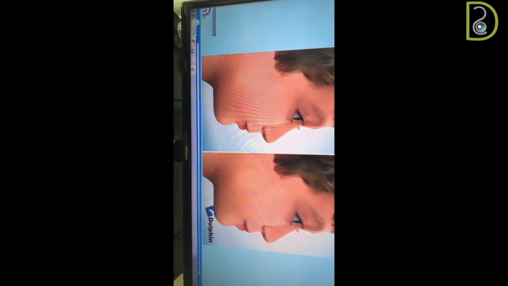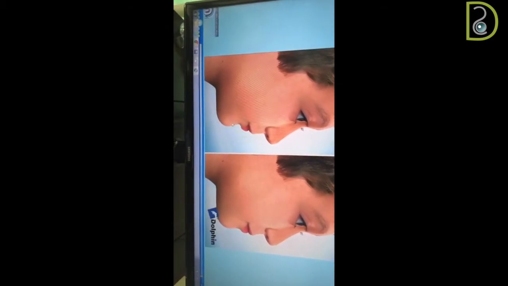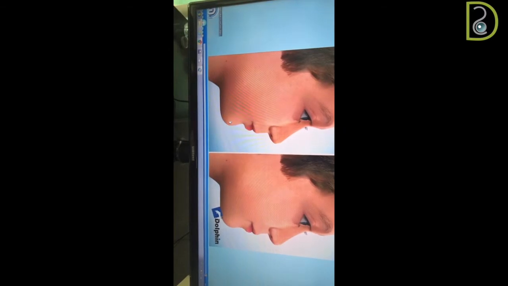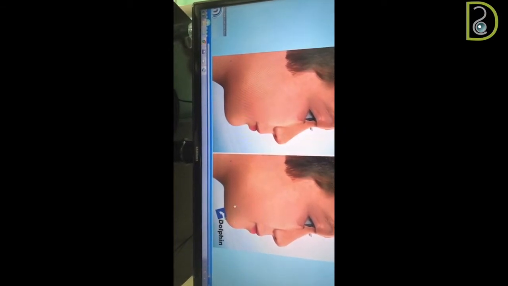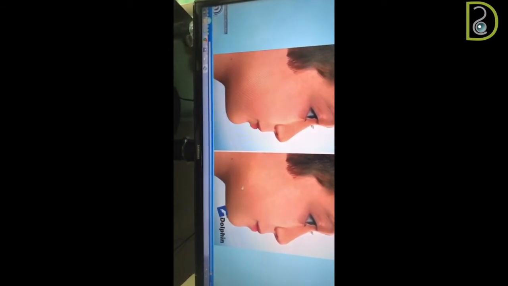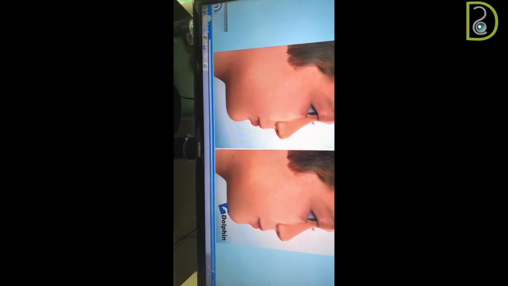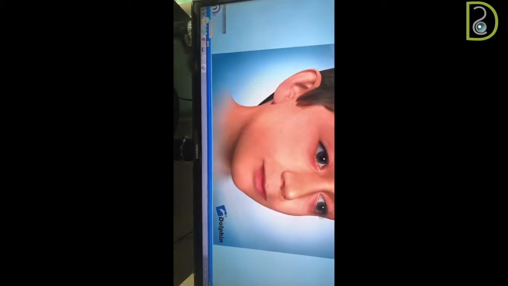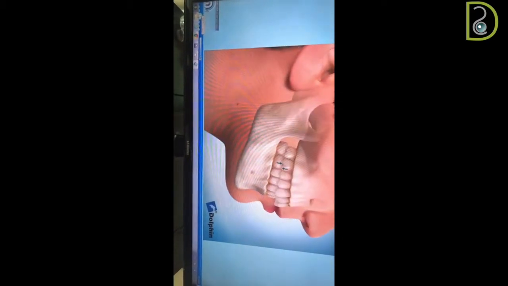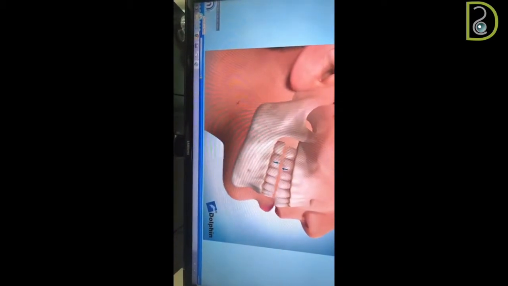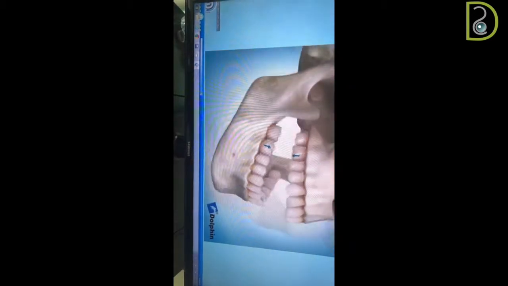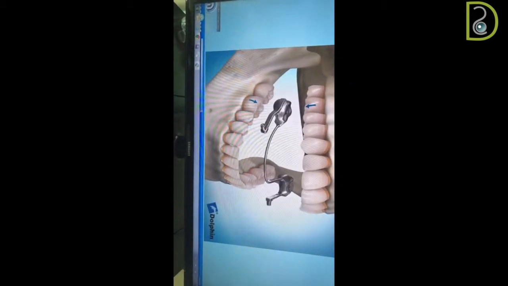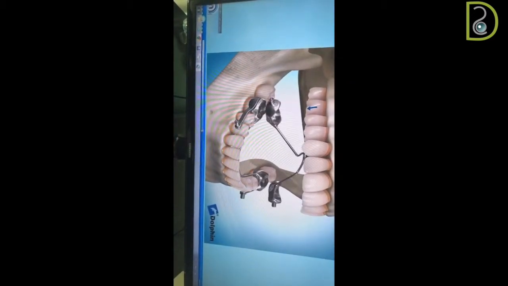Now, look at the differences. Here it's not really clear, but it advances the mandible forward. It accelerates the growth of the mandible. Now, class 2 corrections. It does not only advance the mandible forward, but it also restricts the growth of the maxilla.